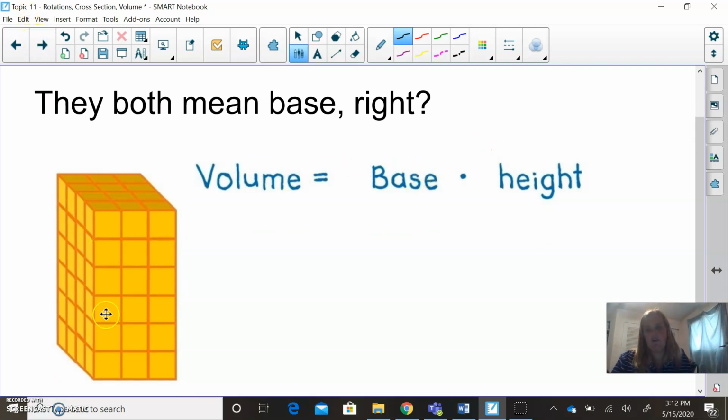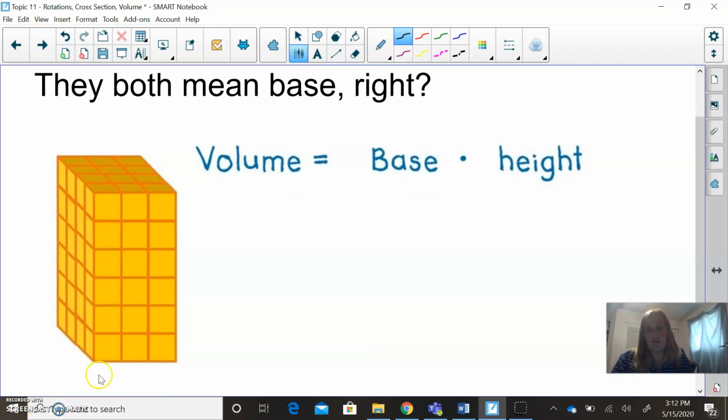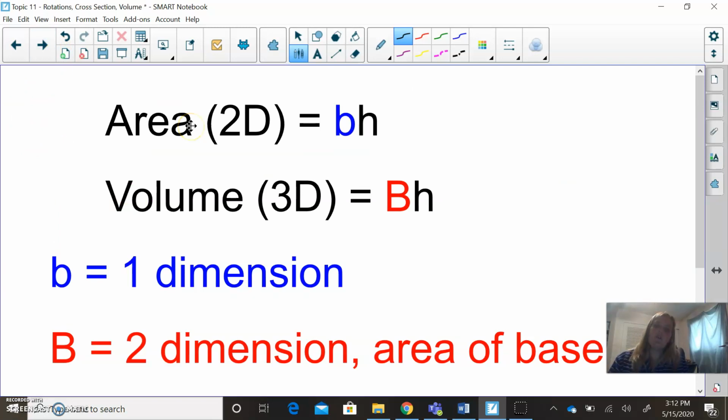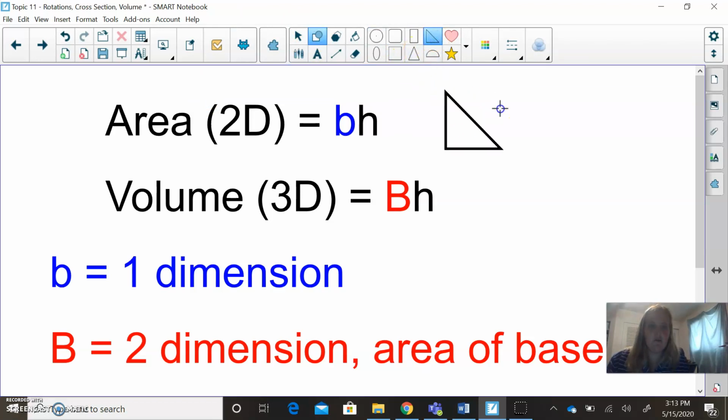And the base is going to be like the part it sets on, the part that it gets sat on. Area, the little base, is 2D. When we talked about the area of a triangle not too long ago, the line on the bottom was your base, your b.